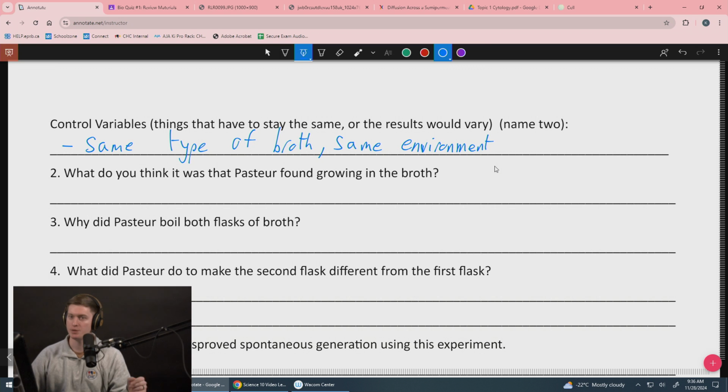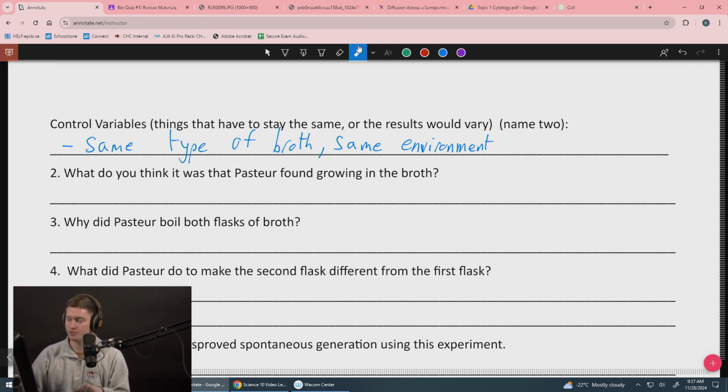Let's say, for example, he put chicken broth in the one flask that grew the microbes and beef broth in the flask that didn't grow the microbes. Who's to say that it wasn't actually the unbroken neck that kept the microbes out, but in fact it was the beef broth that kept the microbes out? Or if he put one flask in the fridge and one flask just at room temperature, who's to say it's not the temperature difference, the different environment, that changed the growth?